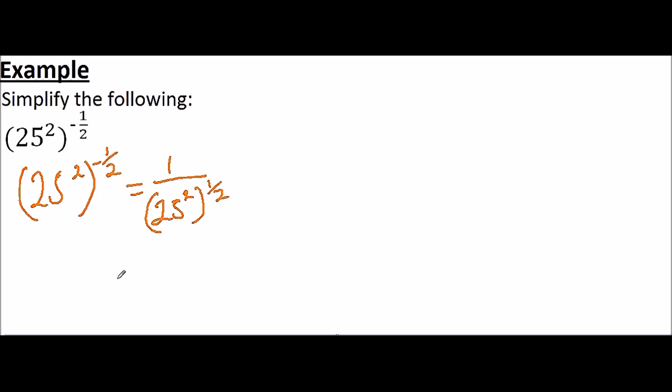Now this is equal to 1 divided by, in the denominator, we apply the third rule of indices, so we write 25, then we multiply 2 multiplied by 1 over 2. 2 divided by 2 we get 1, so this is equal to 1 over 25.